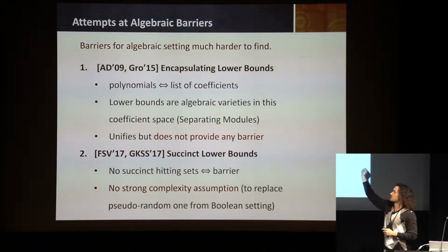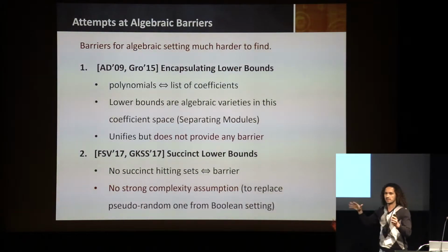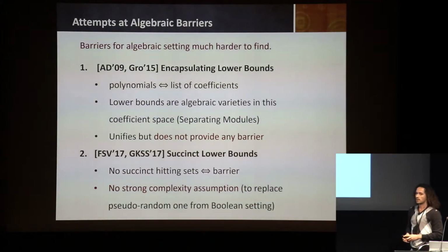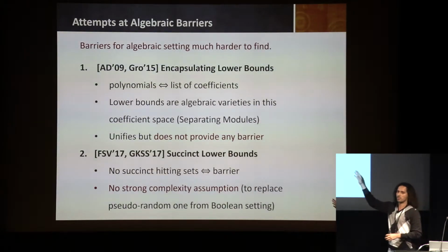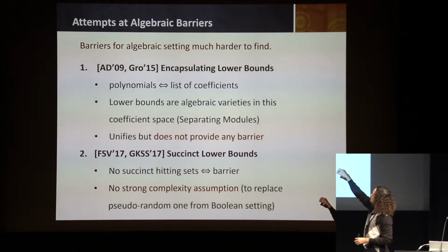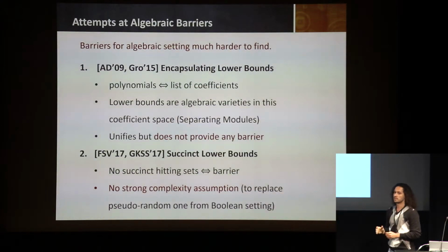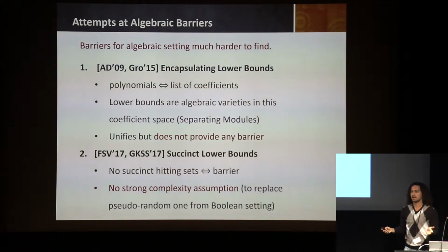You can think of it as zeros of polynomials. So any lower bound that you can prove can be captured by zeros of polynomials in the space of lists of coefficients of the polynomials. They provided this unification for us, but they didn't provide any barrier. They couldn't find any barrier.